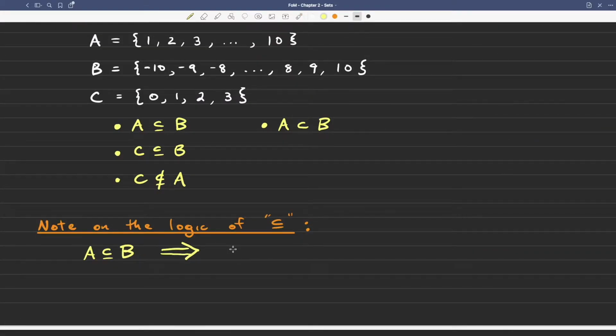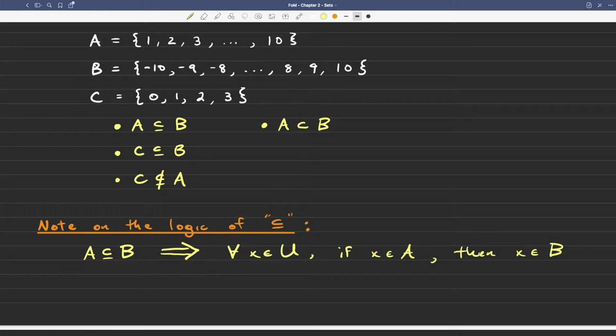If A is a subset of B, then it means that for every element x in the universe, whatever the universal set is, the universal set simply has to be some set that contains both A and B. But anyway, it means for every element of the universe, if x is an element of A, then x is an element of B.